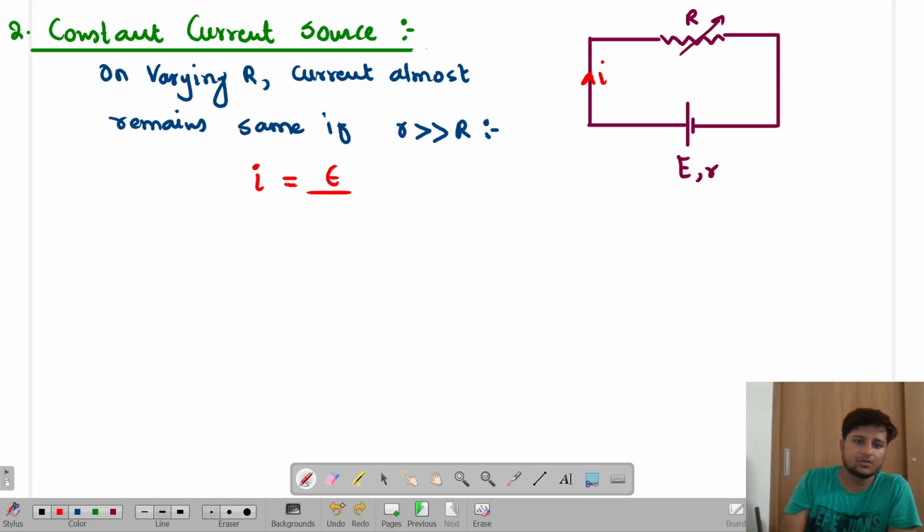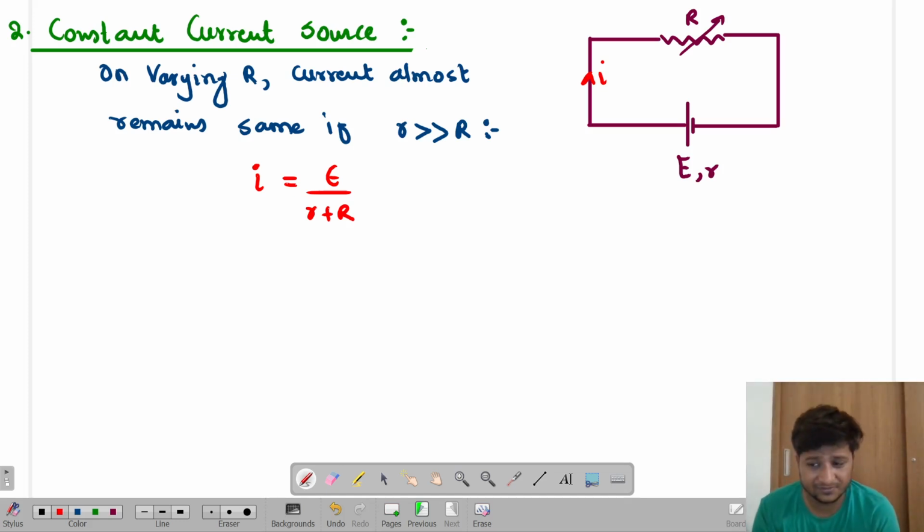But the point is that now the internal resistance is itself higher than my external resistance. The current is the same if you have the internal resistance more than the external resistance.